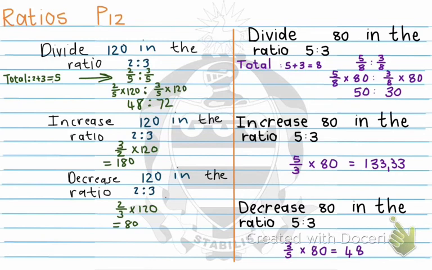And 48 is definitely less than 80, so it did decrease, and I'm correct. Okay. So now you have examples of how to divide something into a ratio, how to increase something in a ratio, and how to decrease something in a ratio.